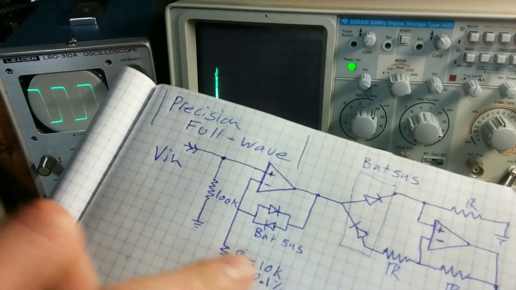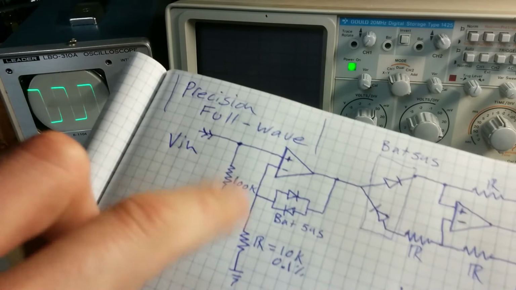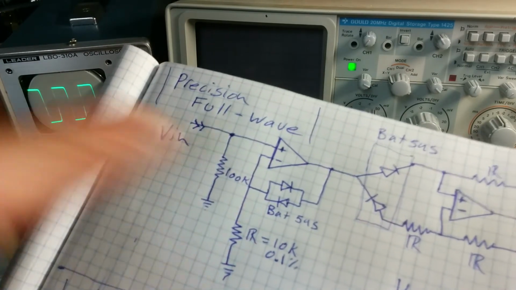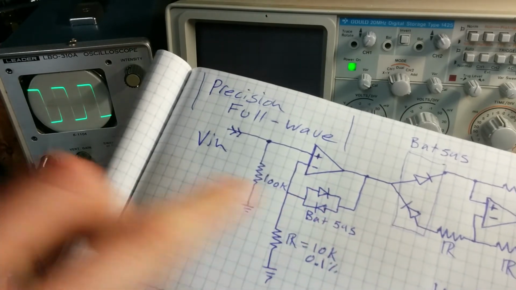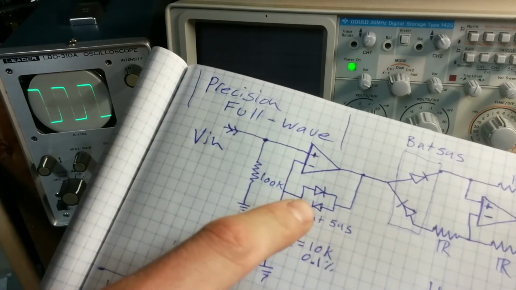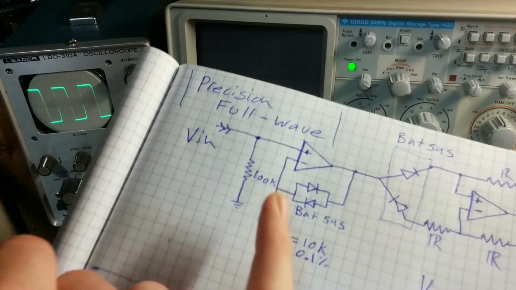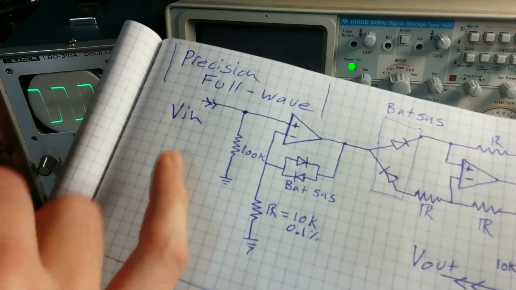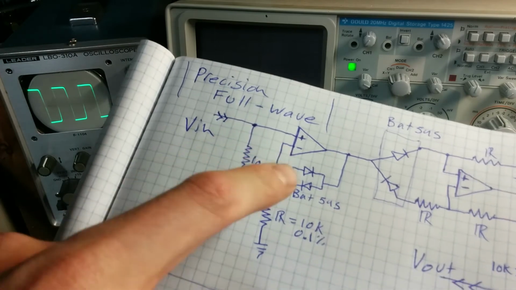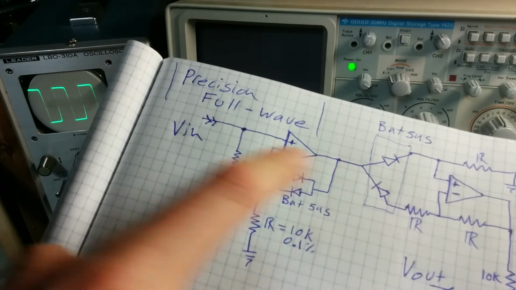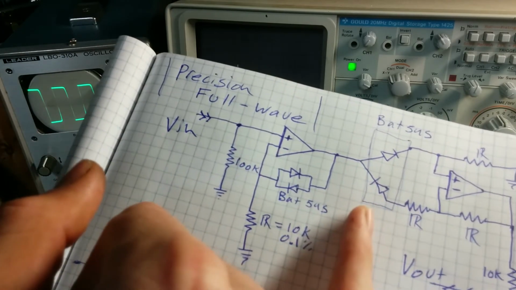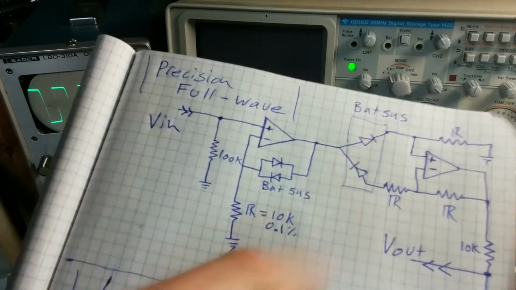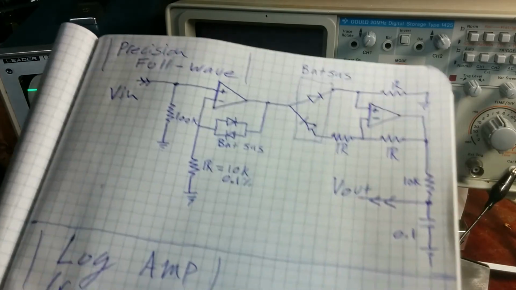So I'm compensating that exponential with this cell up front, and it's pretty easy to analyze. In the long run, for large voltages, these diodes are shorted effectively, and so it's basically a unity gain follower that jumps past the threshold voltage of the diodes. It's one way to look at it, an imprecise way. But anyways, this isn't the typical full wave circuit. Why I thought it was worth pointing out.